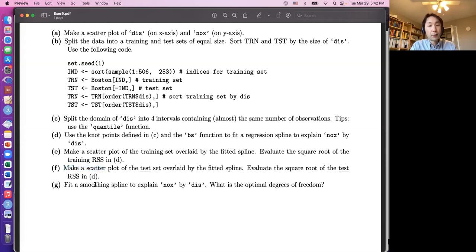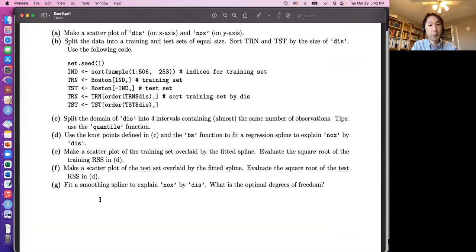Then we also want to fit the smoothing spline to explain NOx by DIS. For the smoothing spline, we have many knots. If we have 253 observations in the training set, we have 253 intervals, right? With each interval, we take the knot.